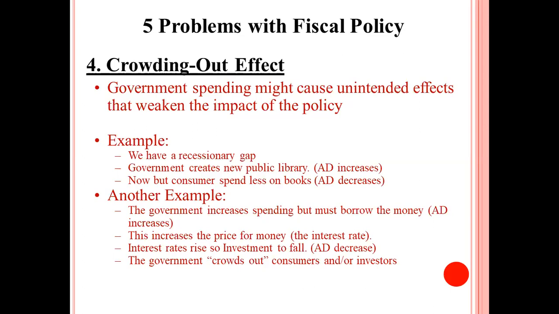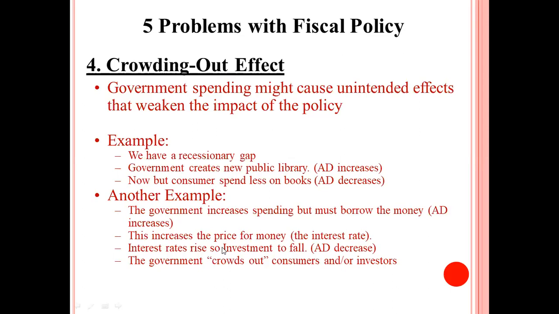Another example, and what the AP exam really likes to emphasize, is the borrowing aspect of it. If the government wants to increase aggregate demand, they borrow money to do so. This causes the interest rate to go up because the demand for money is higher. This is what we're going to talk about in Unit 4, but kind of need to follow along here. So interest rates go up because interest is the price of money.